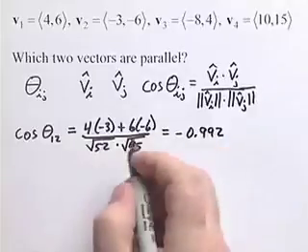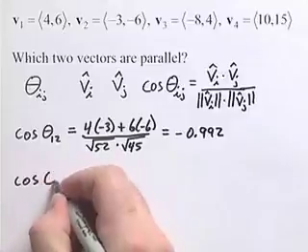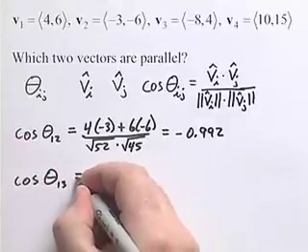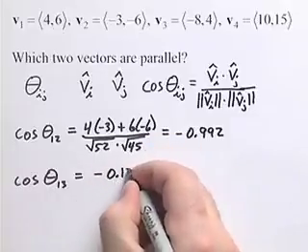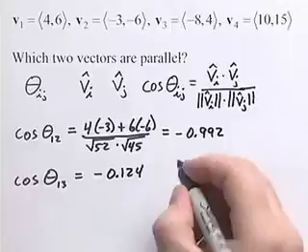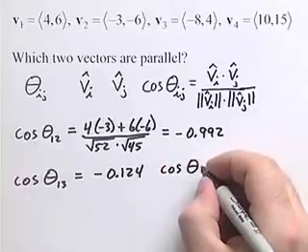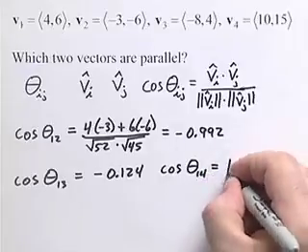If we proceed in the same way for the remaining pairs, we'll get cosine theta of vectors 1 and 3 turns out to be negative 0.124. Cosine of theta for vectors 1 and 4 turns out to be 1.